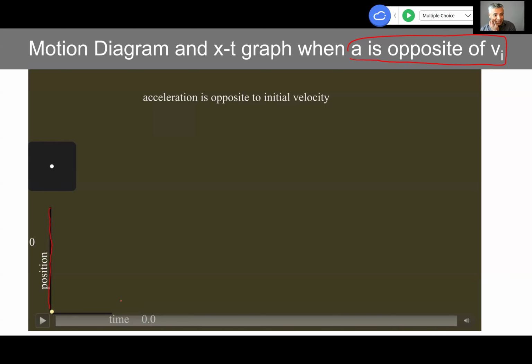I made this animation to show you what the motion diagram of an object that has acceleration in the opposite direction looks like, and similarly, what the position versus time graph of that motion looks like. It's a short animation. If you blink, you may miss it. Okay, so let's run this animation.